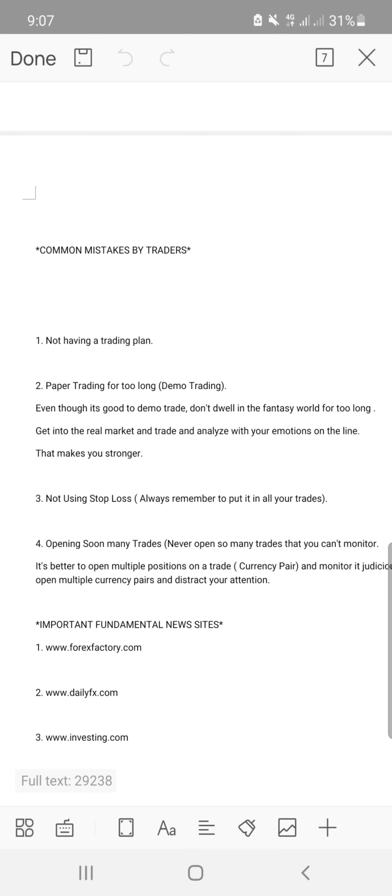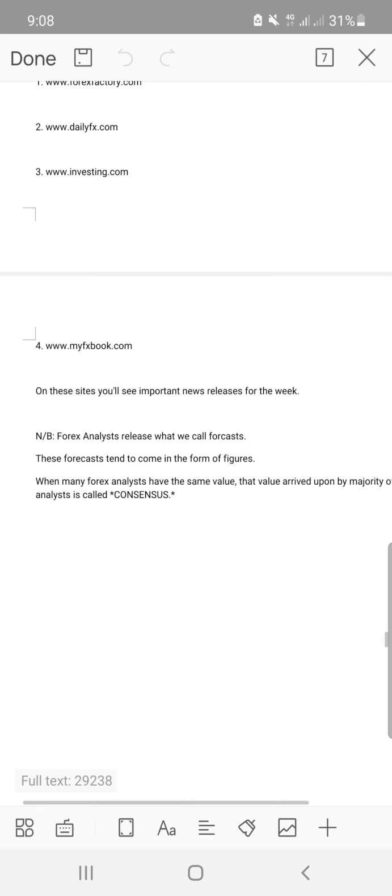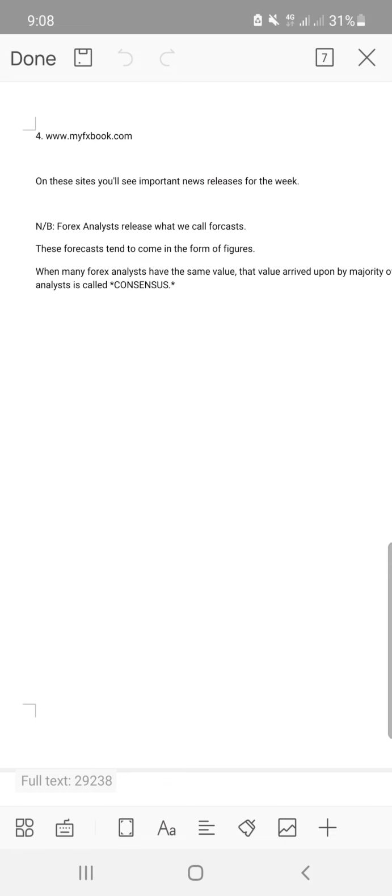Then there are some sites where you can get news. I talked about Forex Factory. You can get fundamental news there, from dailyfx.com. I get fundamental news from investing.com, from myfxbook.com, and so many other sites. They give forecasts. They give information about what they feel about different currencies, stocks, bonds, crypto, and other things being traded.